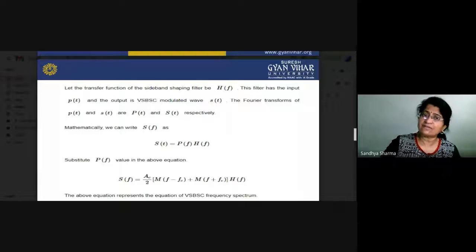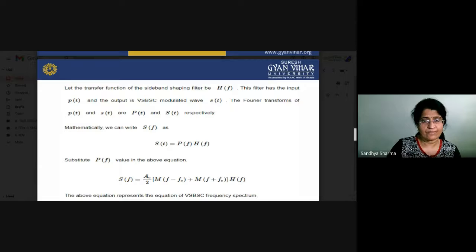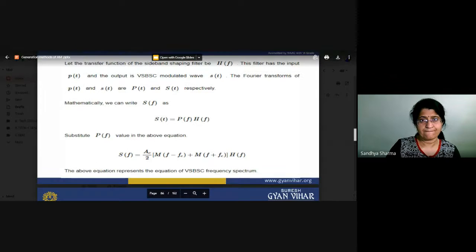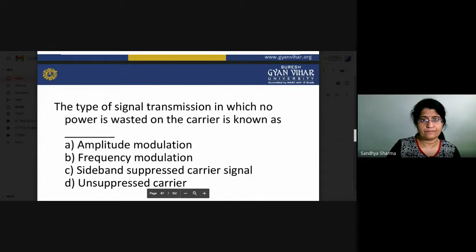Here, regarding the bandwidth requirement, and if we are talking about power, we can also reduce the power requirement of our signals by opting for SSB-SC or VSB-SC. Because in DSB-SC with carrier, we have to transmit a large amount of power. That is not easy to transmit, and in spite of that, power will be wasted because the carrier does not carry the information.